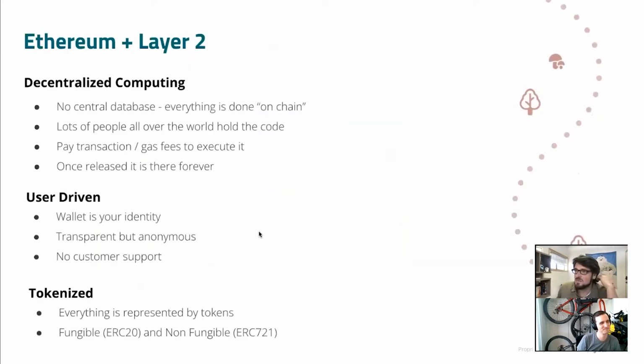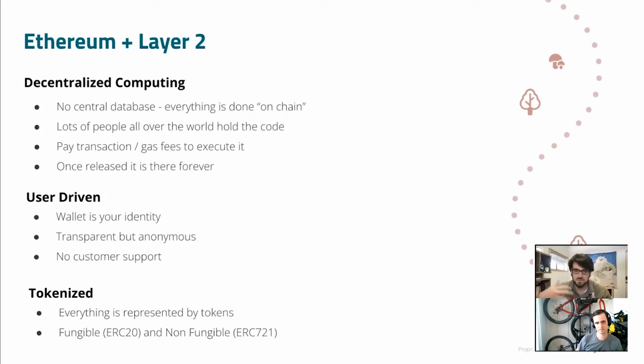Where all the action is at for this started with the Ethereum network, and now there are these layer twos. Ethereum is generally considered layer one, and then there are layer twos on top of it. To describe this, it's a decentralized computing platform.